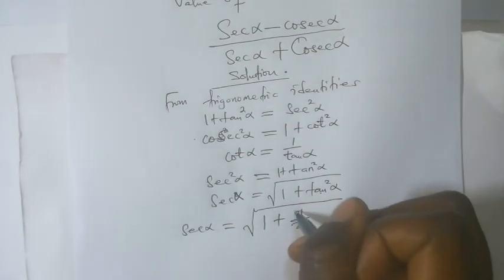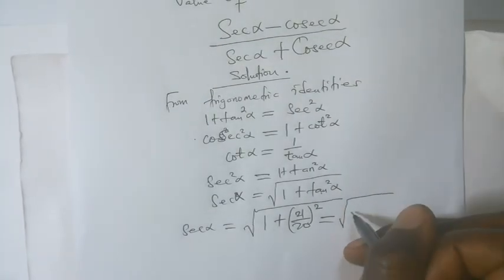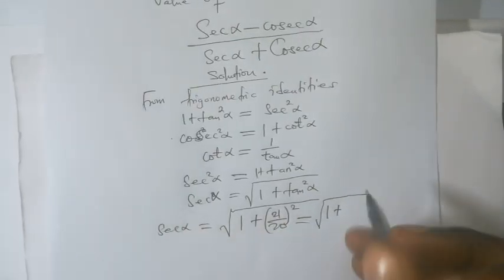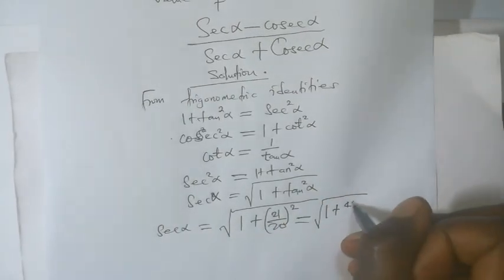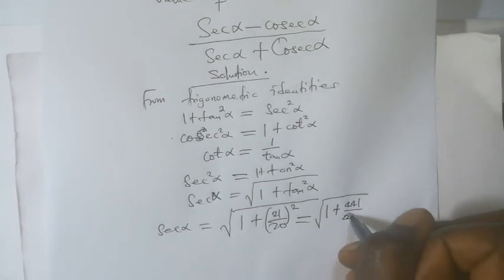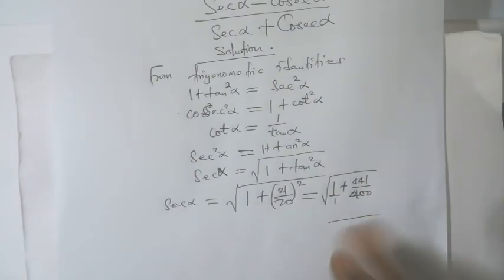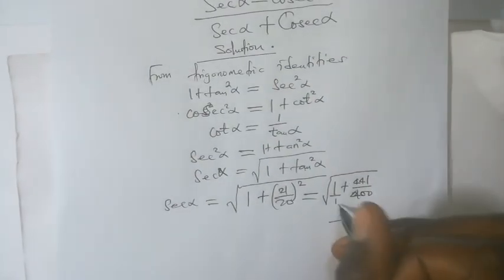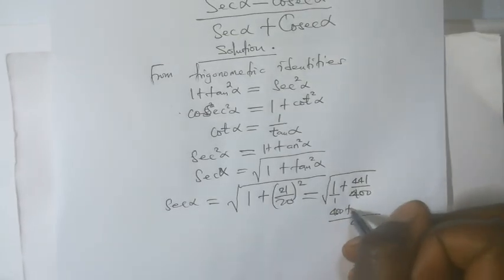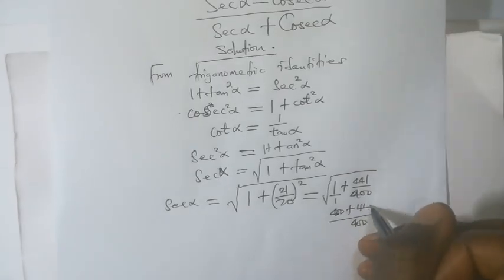We have 21 over 20, and it's squared. So we have the square root of 1 plus, where 21 square gives us 441 and 20 square is 400. Let's look for the LCM, which is 400. 400 times 1 is 400, plus 441.